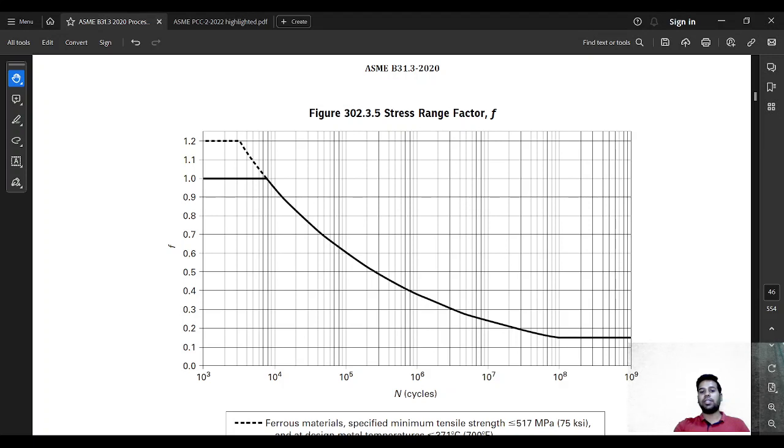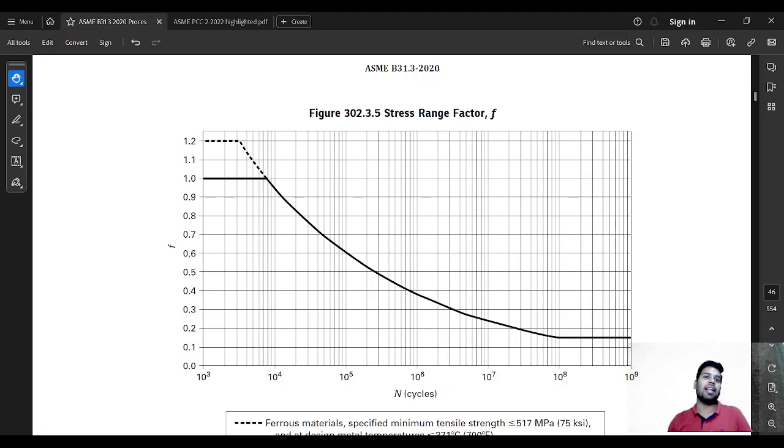So stress range, these are creep damages. Creep damages are basically damages that happen due to stresses coupled with high temperature services. So creep damage does not happen at room temperatures.